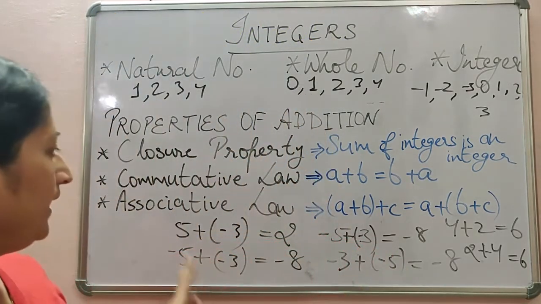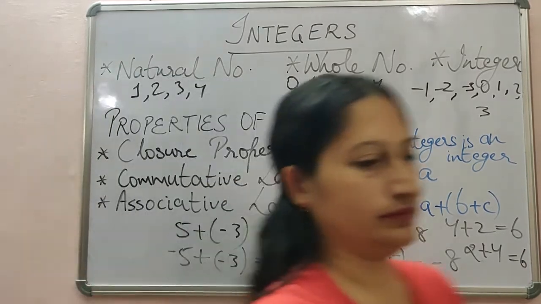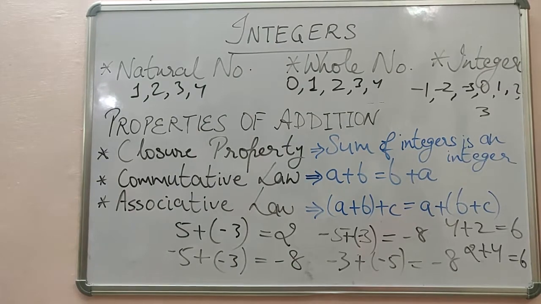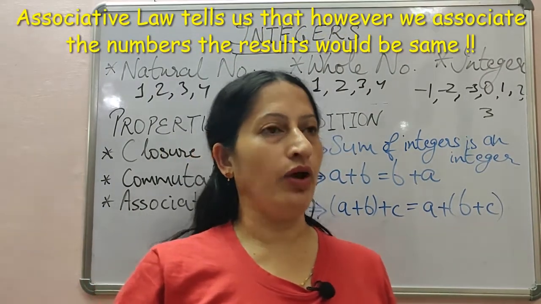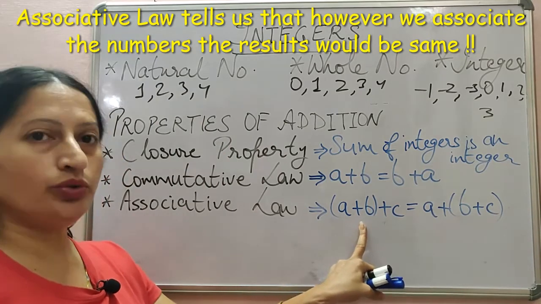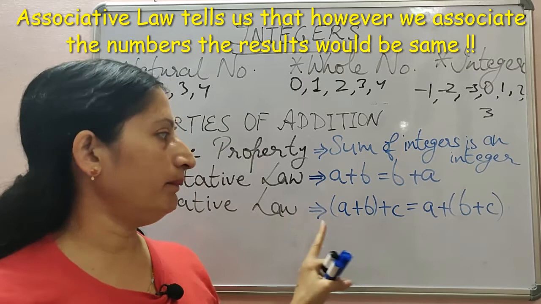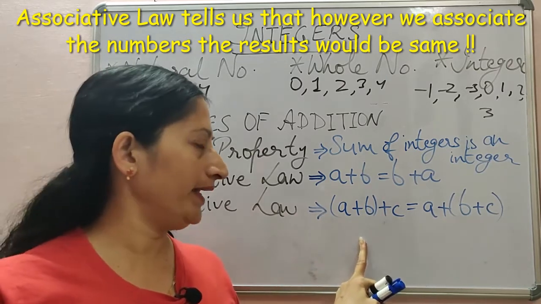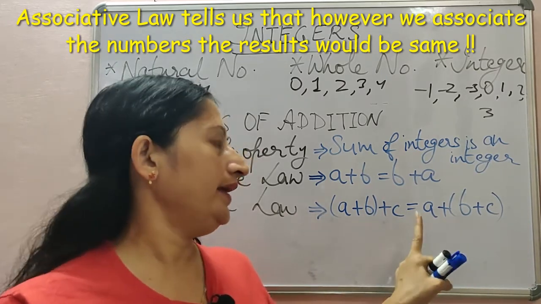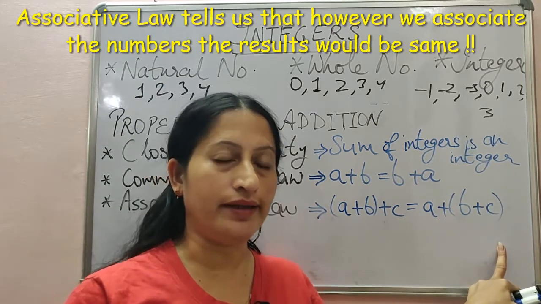Now let's understand the associative law of integers. Here three numbers have to be taken, that is a plus b plus c. (a plus b) is taken together in one bracket and c is outside, and it is equal to a plus (b plus c), where b plus c is now taken together in a bracket.